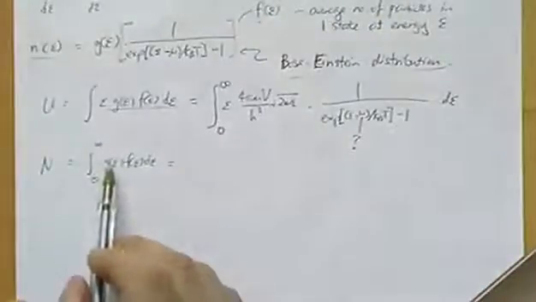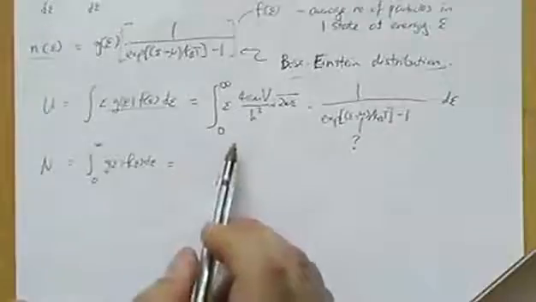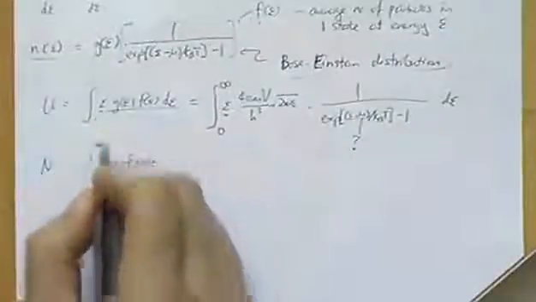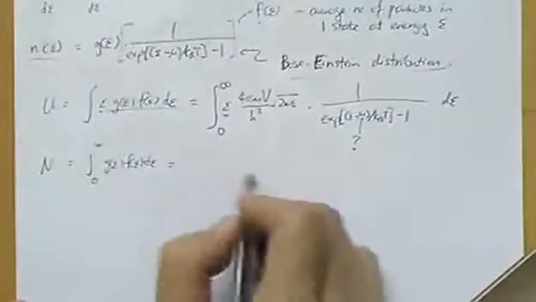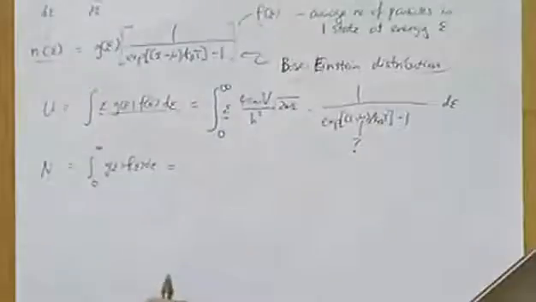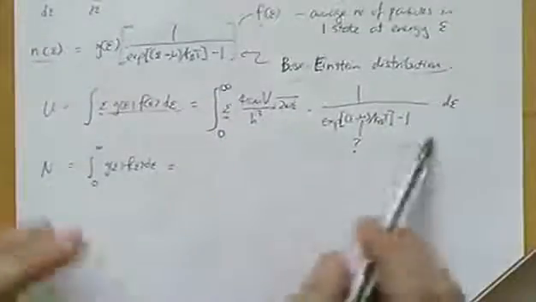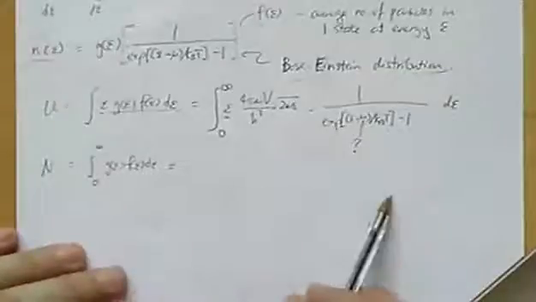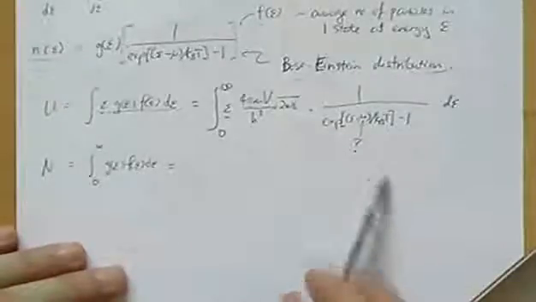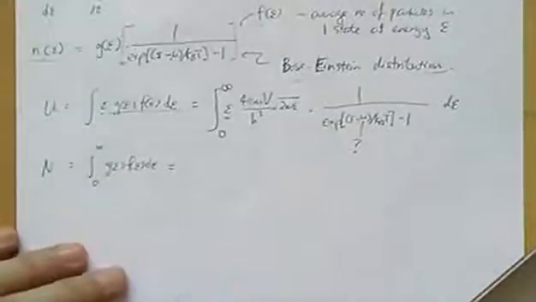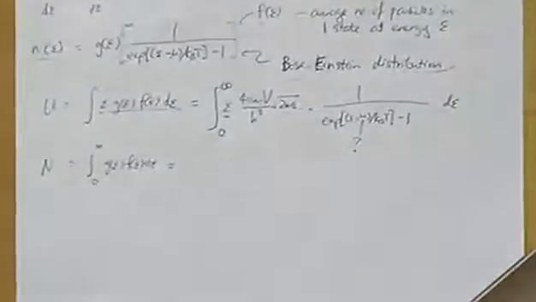So this integral would look pretty much the same as this, except that it doesn't have an E. E is absent here. So you can imagine writing this whole lot out. Now that in itself is not very helpful either, because like before, it's a difficult integral, and it would be very difficult to find mu.